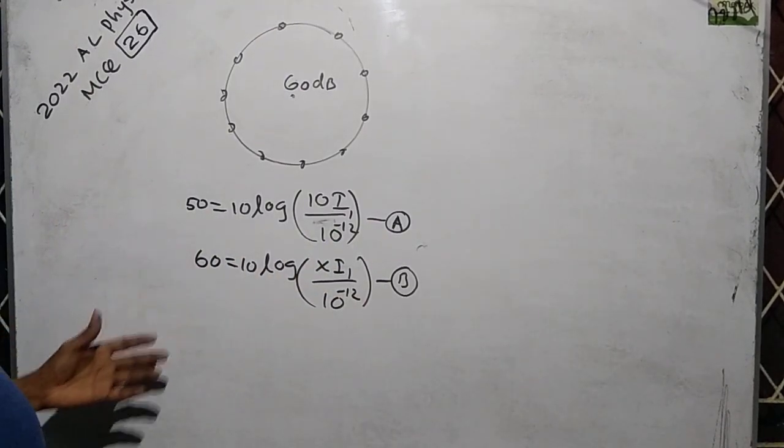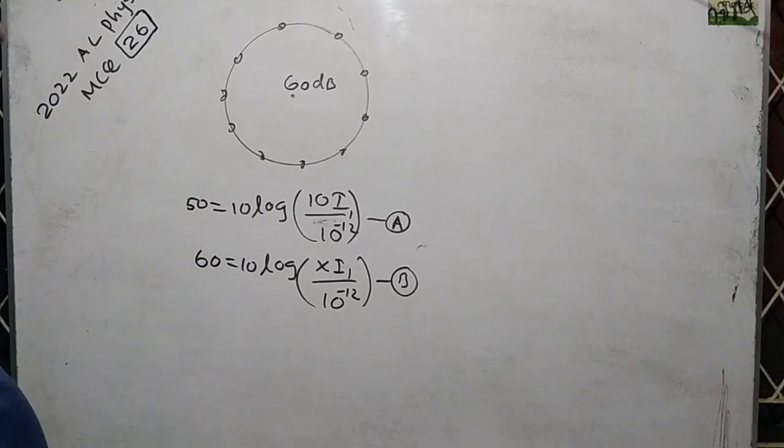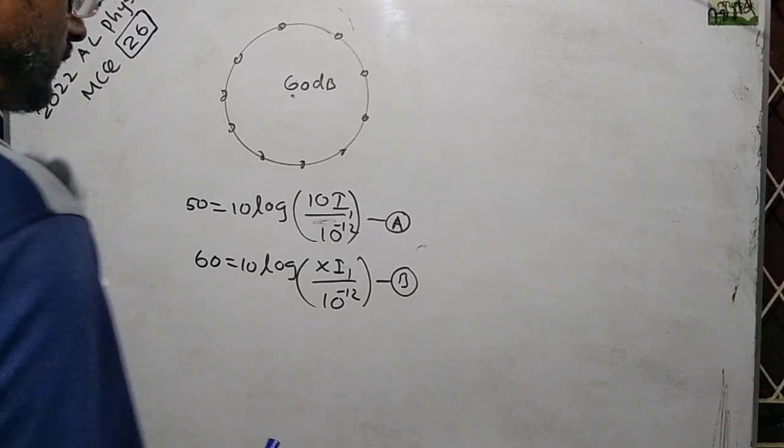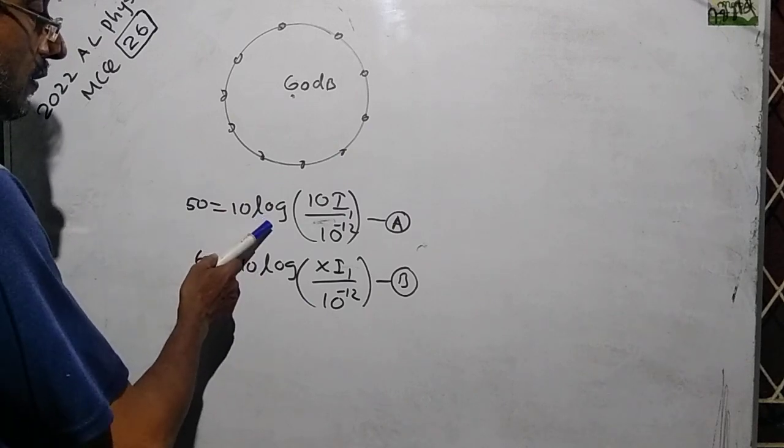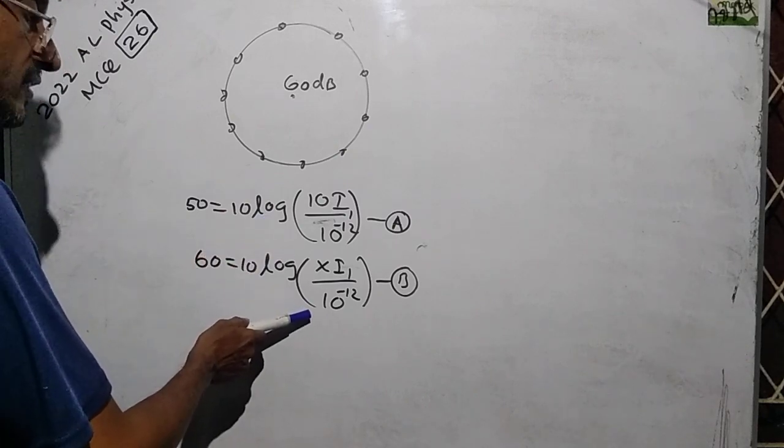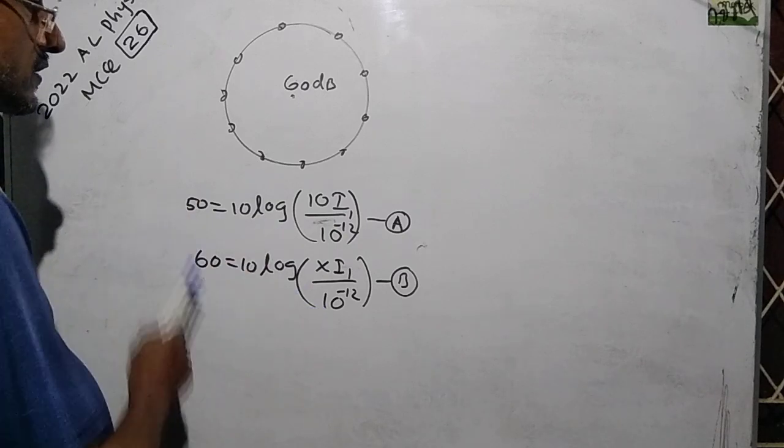How can we solve this type of equation? These are log equations. There are log terms included. The only way to solve this is subtraction. We can subtract first one from second one, or second one from first one.